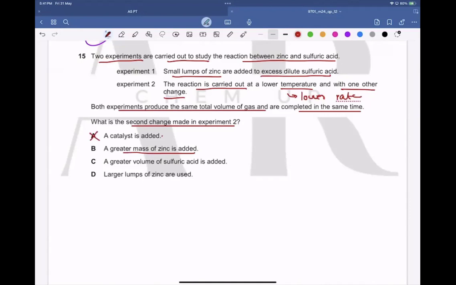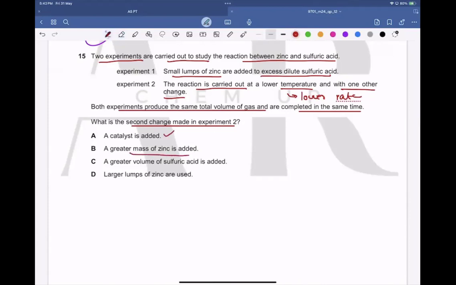A greater mass of zinc is added. If we add the greater, yeah, one important thing: the lower temperature makes the rate lower. But the reaction is completing in the same time. It means that the other factor would increase the rate. So catalyst can be the answer.